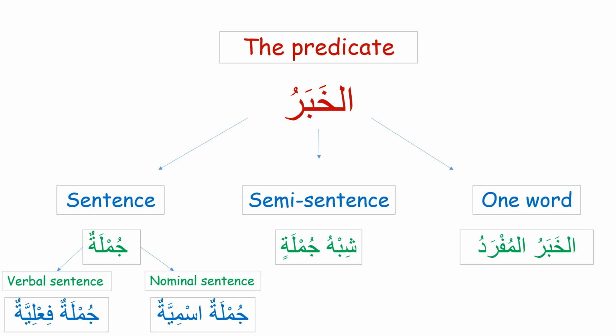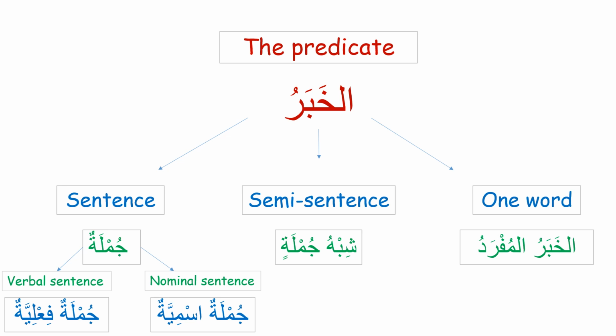And I'm not going to mention any example here simply because the type of nominal and verbal sentences that could act as a predicate is very specific. They should abide by rules related to pronouns which we didn't study yet. So by and large, there are three options for the predicate, either a single word, a semi-sentence, or a sentence.